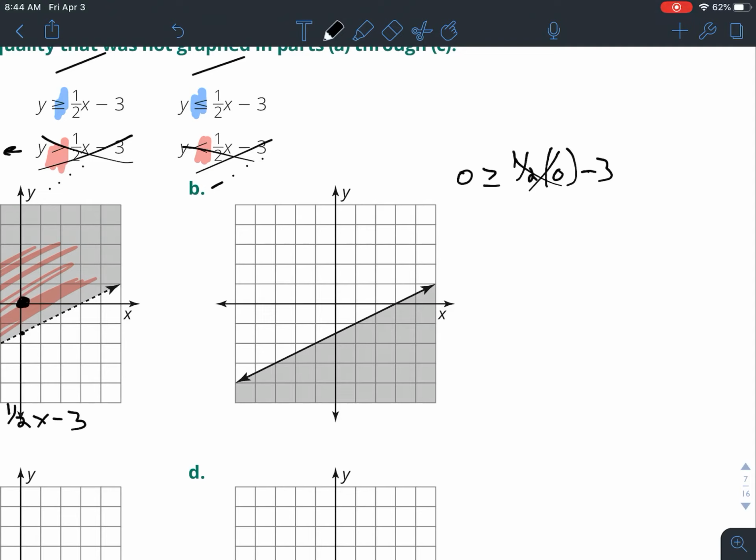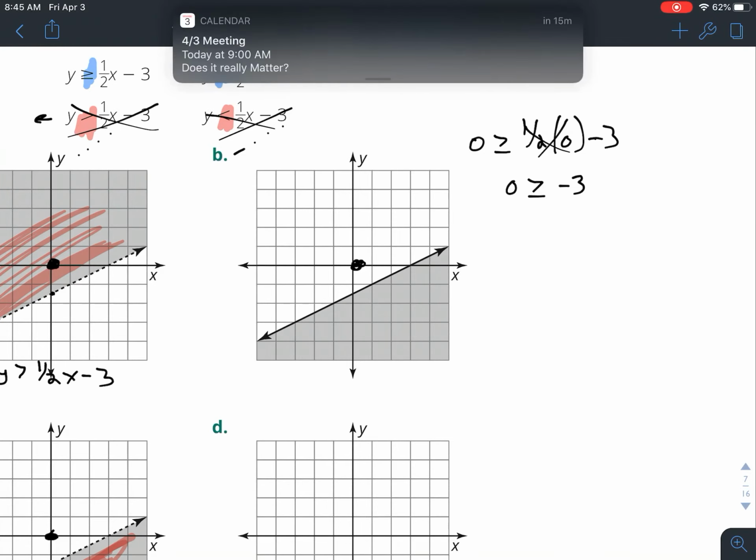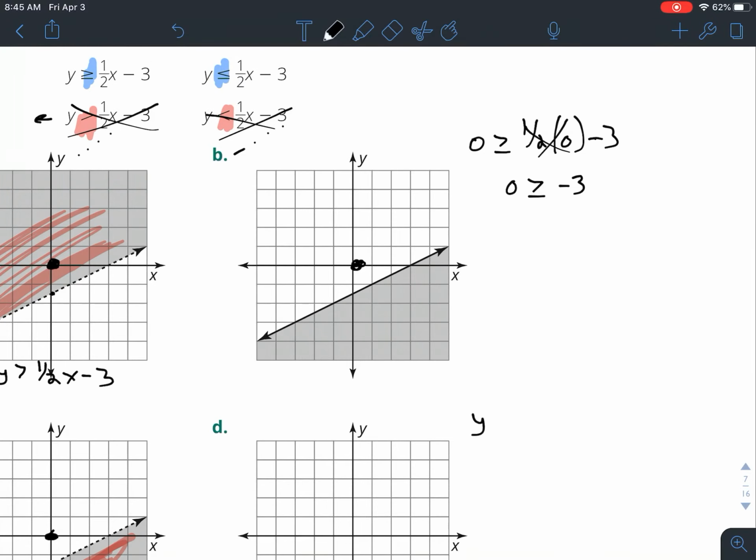Again, this cancels out. 0 is greater than or equal to negative 3. If it's true, we shade. So if we're looking at 0, 0 here, does that work with graph B? Our answer should be no. So we know that's going to go down to graph D. So we can write that y is greater than or equal to 1/2 x minus 3.